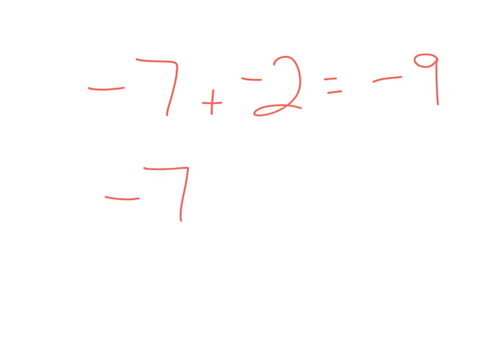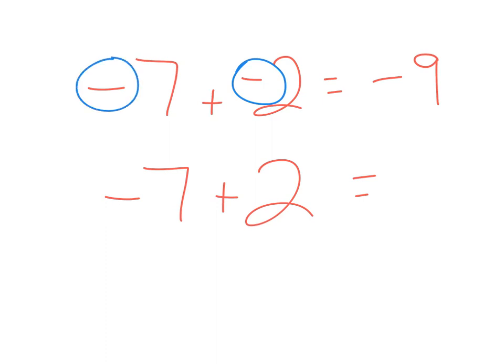Whereas if it's negative 7 plus positive 2, the only difference between these two problems is this little mark right here. Because in that first problem, we have the same sign, that's why we simply added them together and kept that sign. In this one, it's a negative plus a positive. So because of that, that was that second rule where we simply took the difference between our two values.